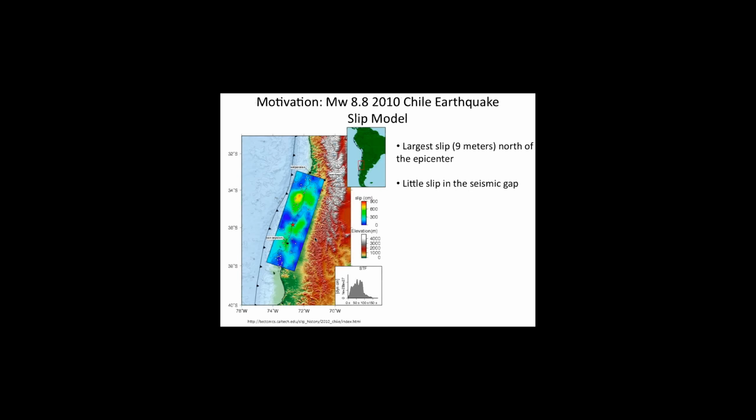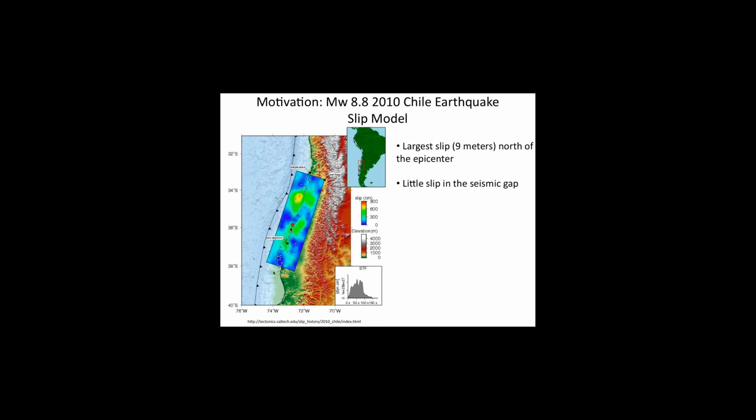So here's one slip model. It's a preliminary slip model that was put out by a Caltech group for this earthquake. What's being plotted with the colors here are the magnitudes of slip. The red star is just the epicenter of the event. What you can see from this model is that you had highest slip north of the epicenter, with maximum slip of about 9 meters.